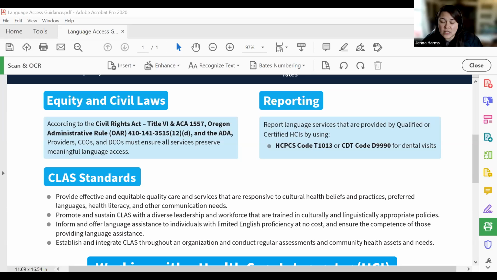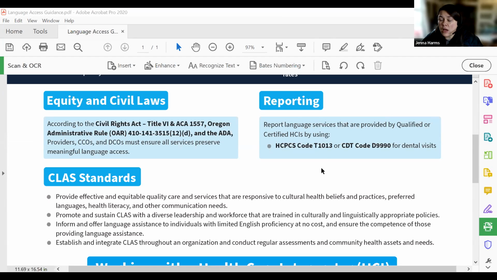I don't believe there are any dental providers on, but there is also a D code for dental providers to be able to code these visits. When you are submitting claims and encountering those services to us as a plan, we ask that you use this T code. This helps us identify that when you provided a service or had an encounter with an individual that did need language supports, you were able to offer that.